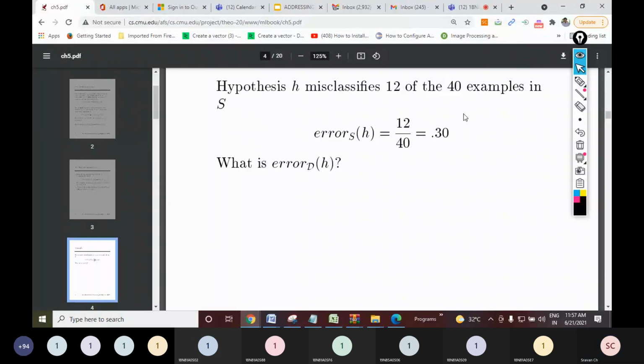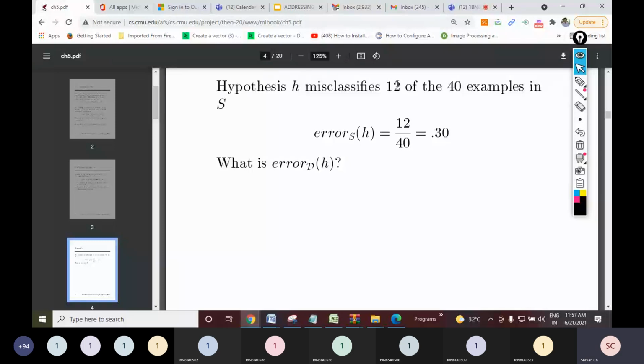Now, what is interesting is this example, friends. Hypothesis H misclassifies 12 out of 40 examples, on training data. Out of 40 examples, 12 times my hypothesis gives a wrong answer, and the remaining 28 times it is correct.